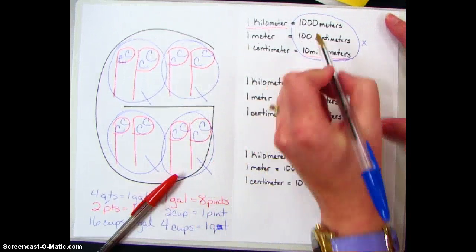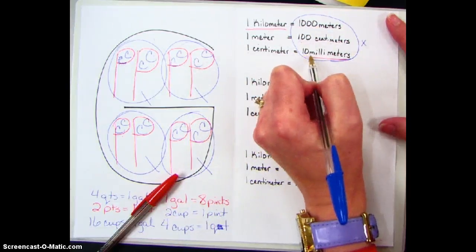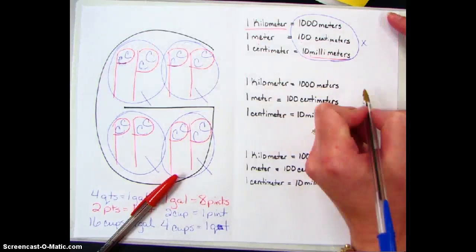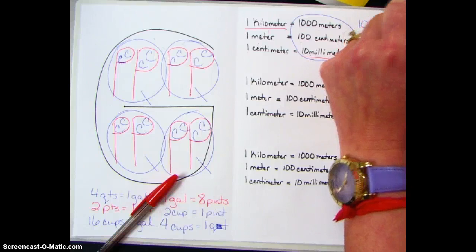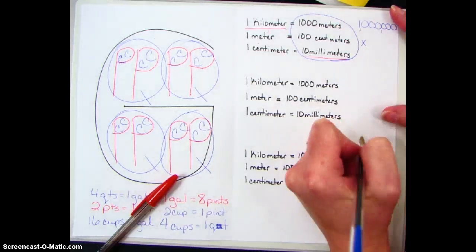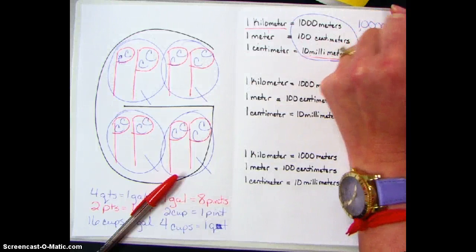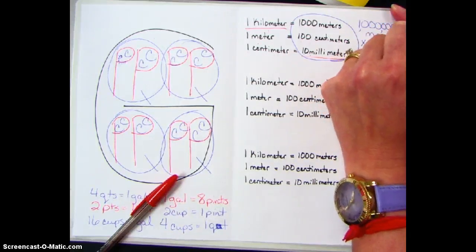And when you do that, 1,000 times 100 times 10, count how many zeros there are. 1, 2, 3, 4, 5, 6. 6 zeros tells me that I have 1 million millimeters is equal to 1 kilometer.